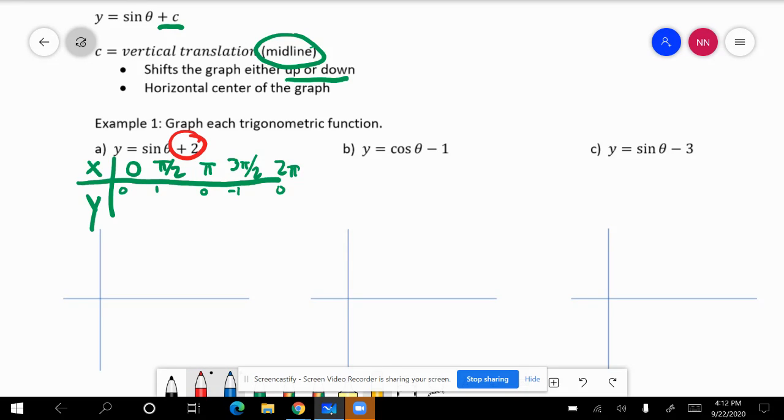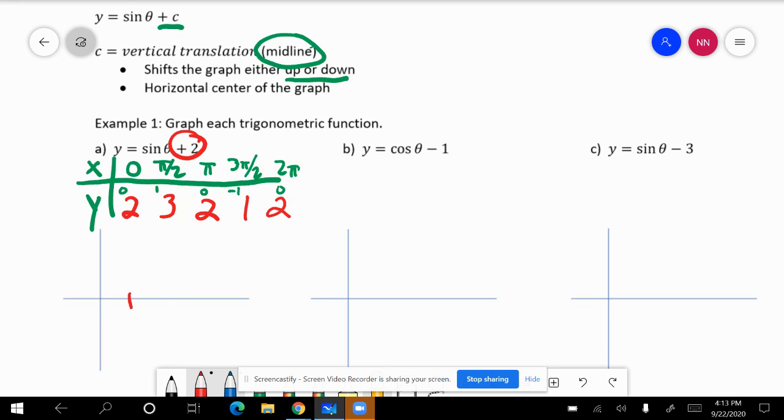So when we plug in 0 for sine, it gives us 0, but when we add 2, we get 2. The sine of pi halves is 1, but when we add 2, we get 3. The sine of pi is 0. When we add 2, we get 2. The sine of 3 pi over 2 is negative 1. When we add 2, we get 1. The sine of 2 pi is 0. When we add 2, we get 2.